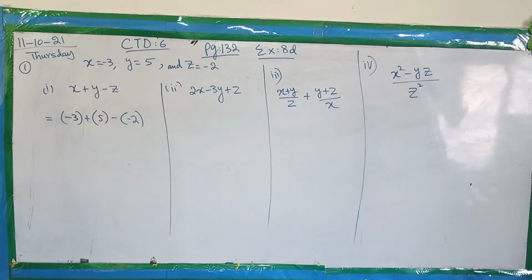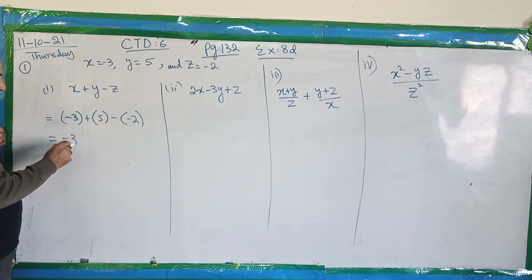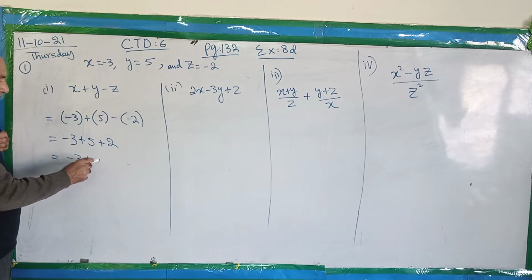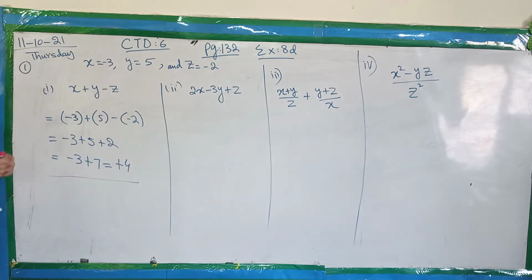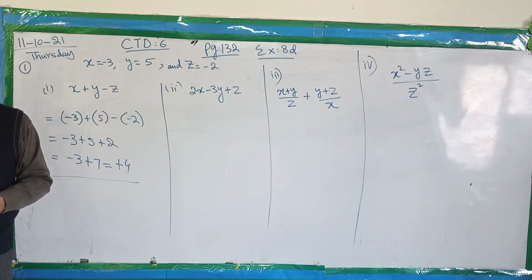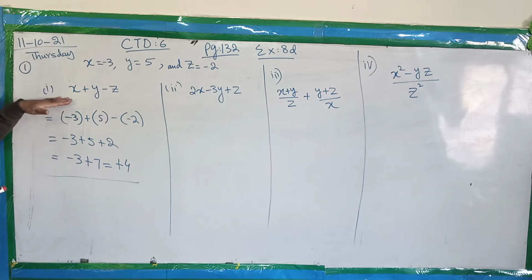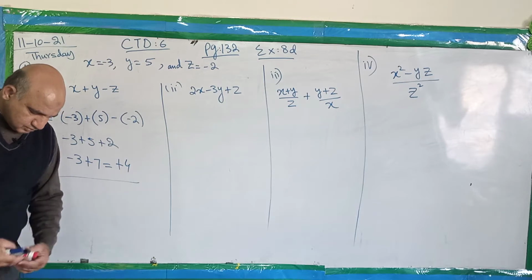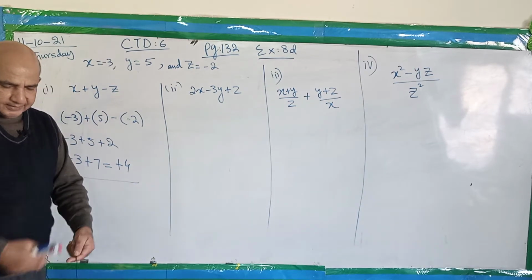So here, minus 3 plus 5 plus 2, so it is minus 3 plus 7 is equal to plus 4. This is the answer that we have to find. We have just substituted the values of x, y and z.